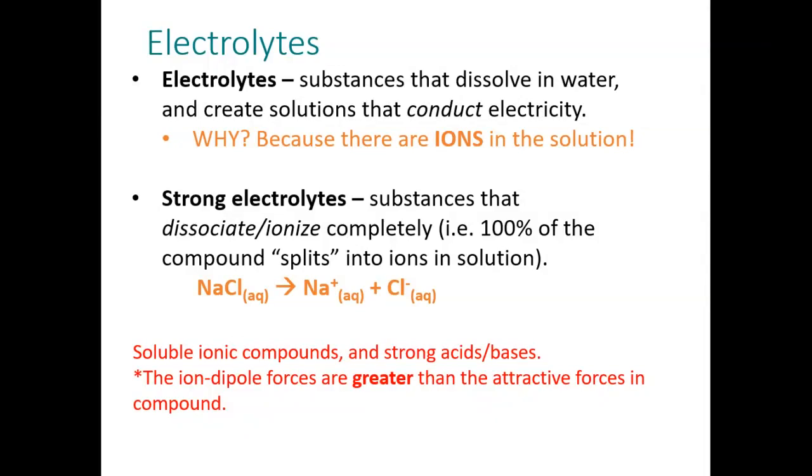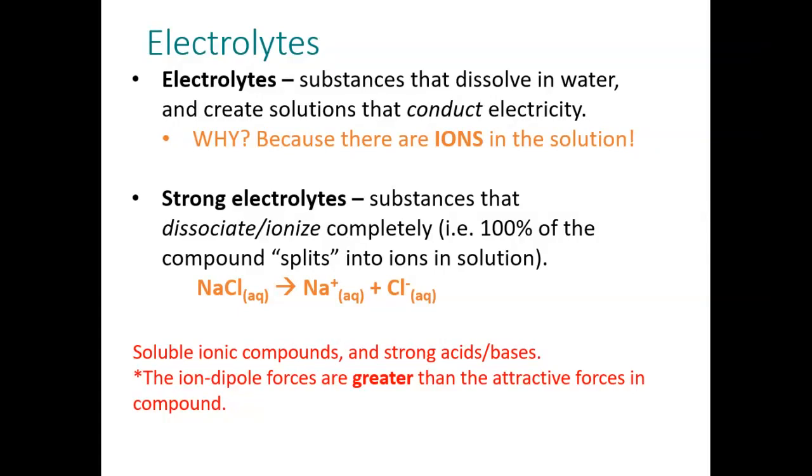Soluble ionic compounds. And the other compounds you're looking for are anything that is a strong acid or base. So in my Gen Chem class, we do go over what are the 6 strong acids and what are the 6 strong bases. Y'all remember any of them? So hydroiodic, hydrobromic, hydrochloric, sulfuric acid, nitric acid, perchloric acid.